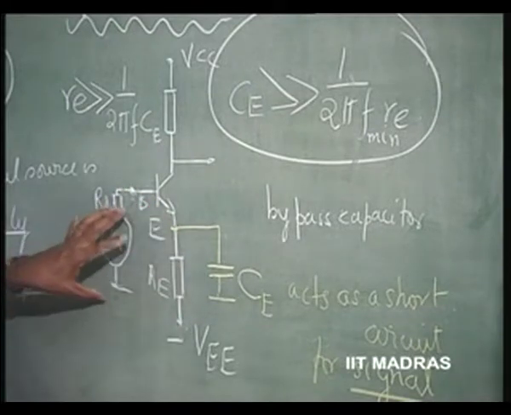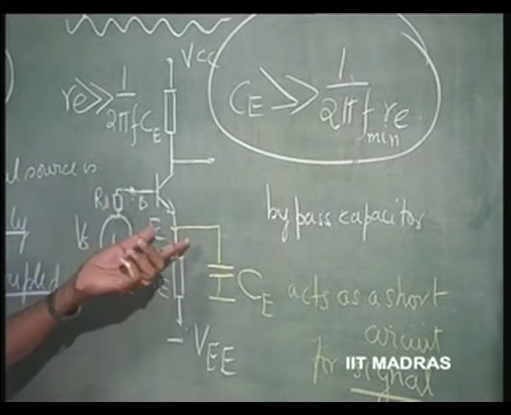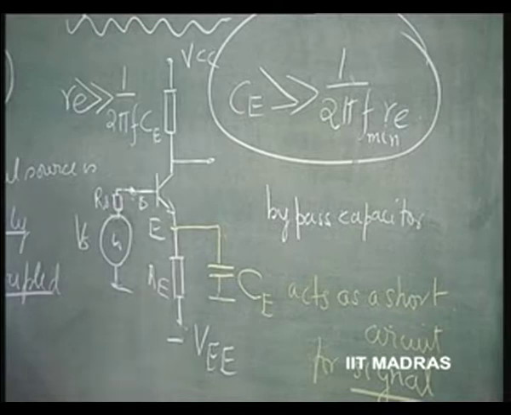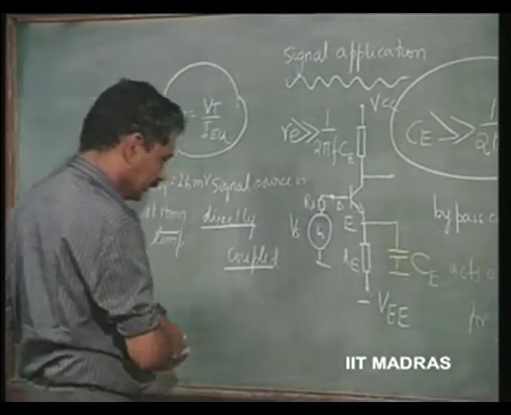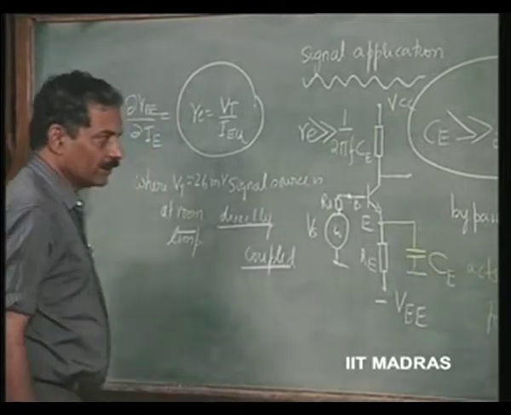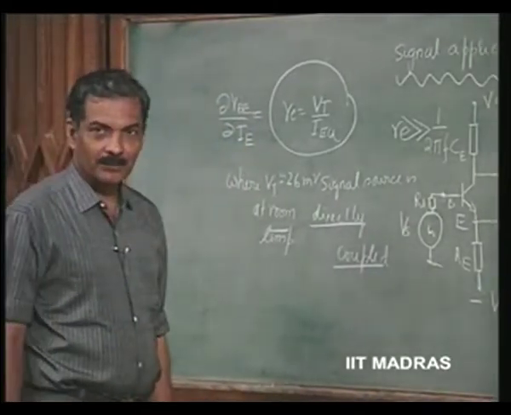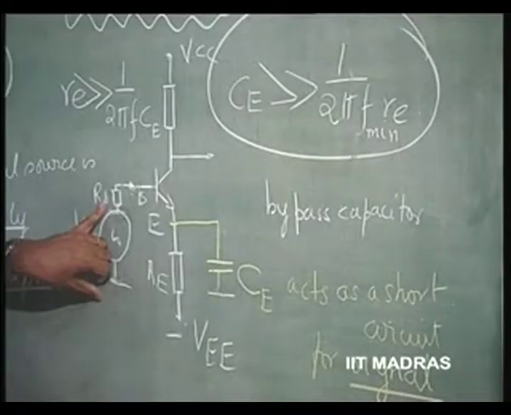That means most of the source voltage is appearing between base and emitter. If this is done, this is a good way of bypassing the circuit. It is assumed that Rs itself is very small, so that the source voltage is very nearly the same as the open circuit voltage Vs.